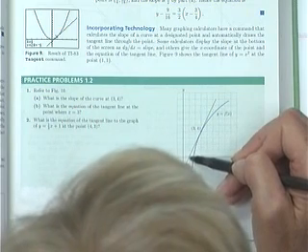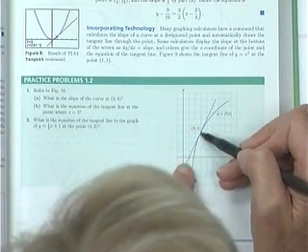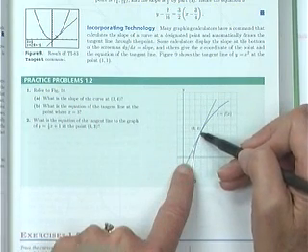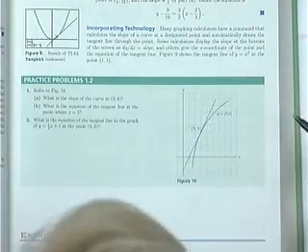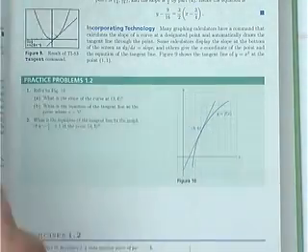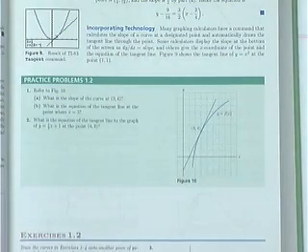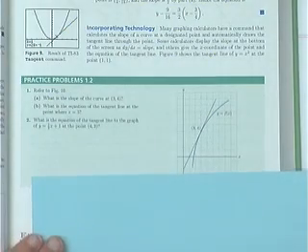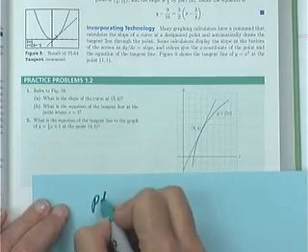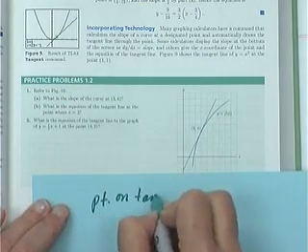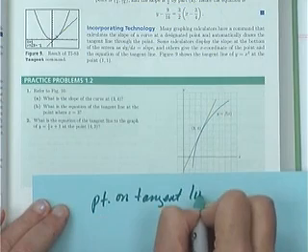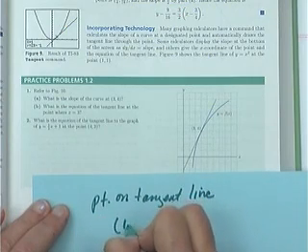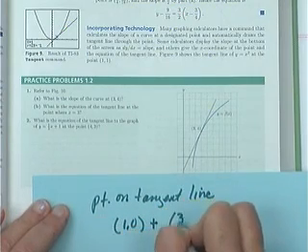Or I could use the point 1, 0 and 3, 4. That's for sure a given, correct? So all we have to do is find the slope with two points given on the tangent line. We can use the point 1, 0 and the point 3, 4.